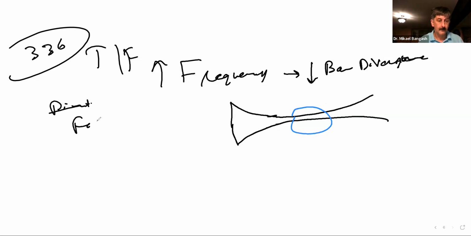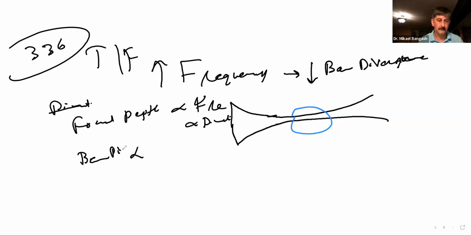The focal depth is directly proportional to frequency and diameter. And then we said beam divergence was inversely proportional to the frequency, and also inversely proportional to the diameter.